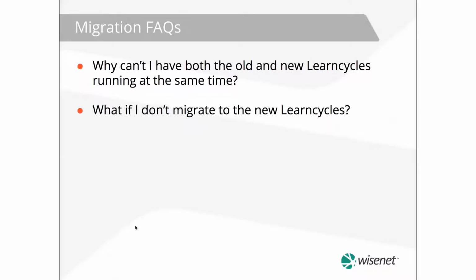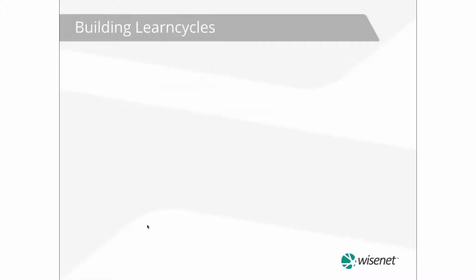Now, to build your new learn cycles, there are 4 main building blocks. I call them building blocks because that's the way they work. They need to be carefully configured to ensure the automation does not accidentally trigger any activities that you don't want to trigger.